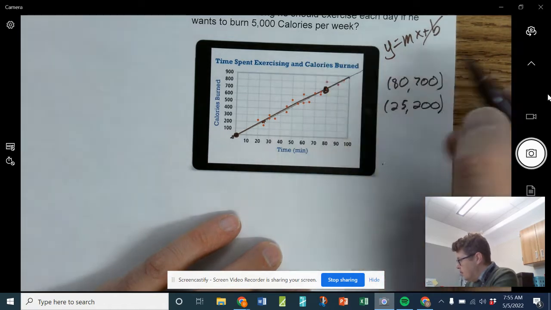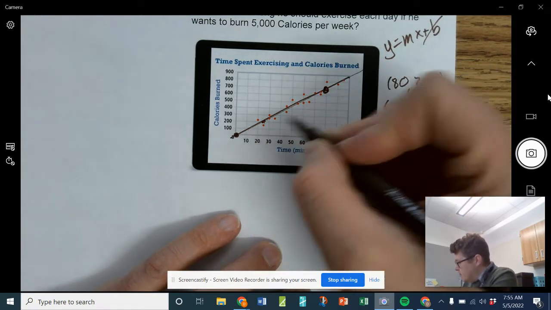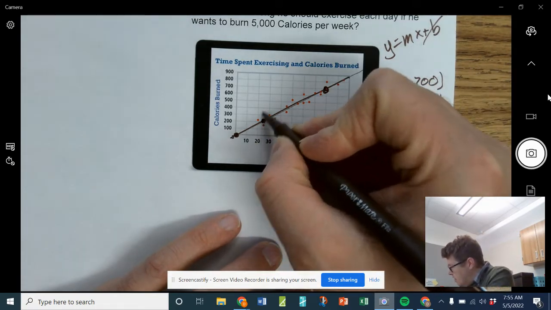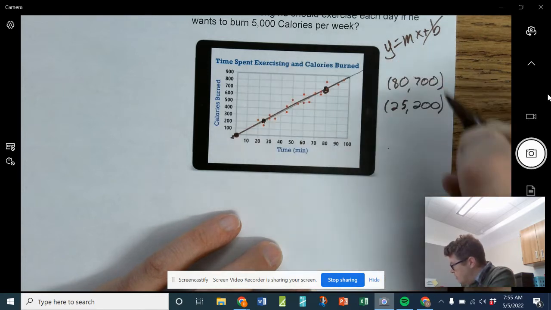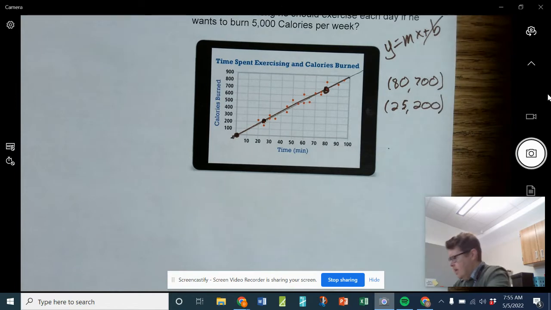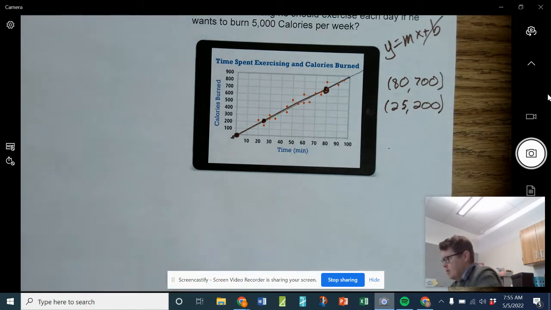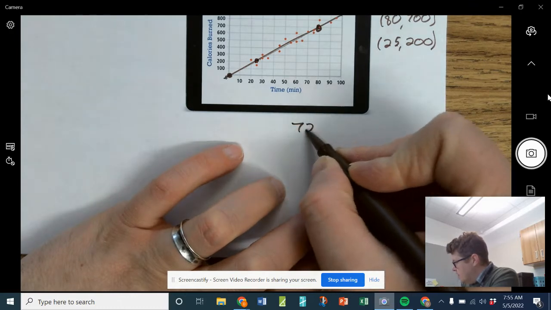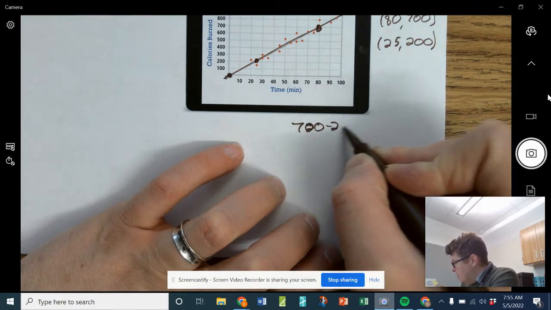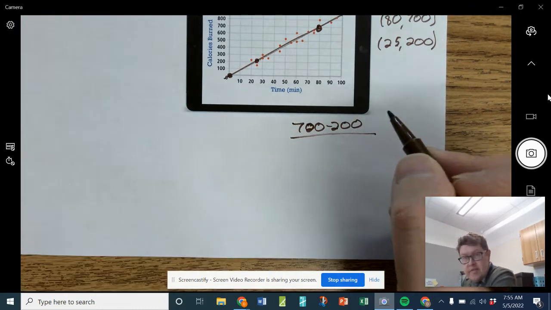And how we find the slope is we figure out the rise over the run. So if we're going from here to here, it goes from 200 to 700. Yeah, 200 to 700. So we'll figure out the difference there. So 700 minus 200.